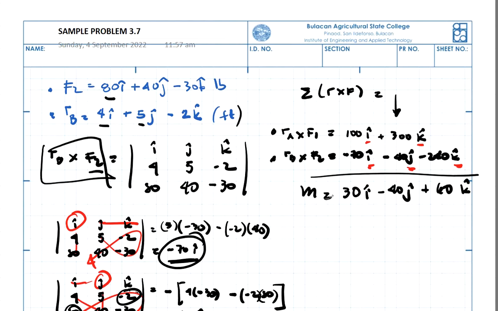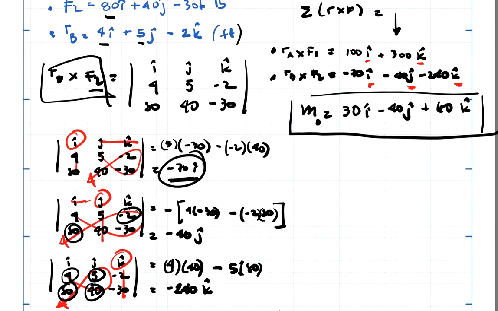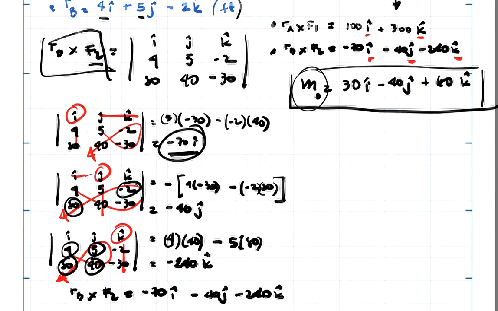So all in all, our moment at point O using vector notation is 30I minus 40J plus 60K.